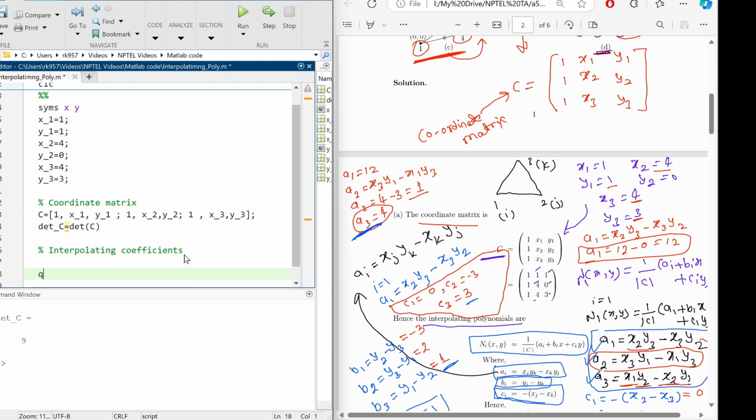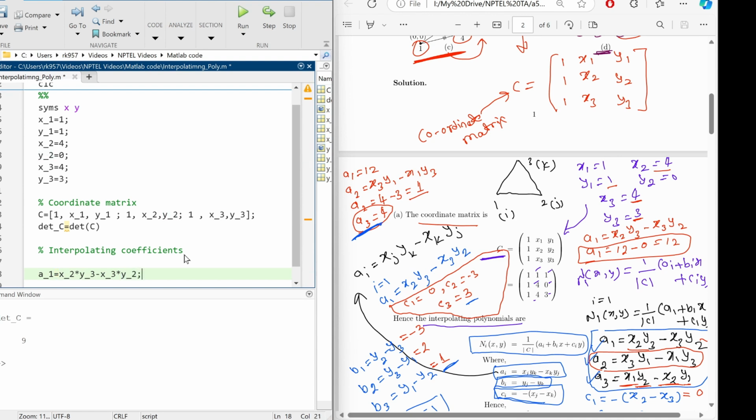A1 equal to x2 into y3 minus x3 into y2.